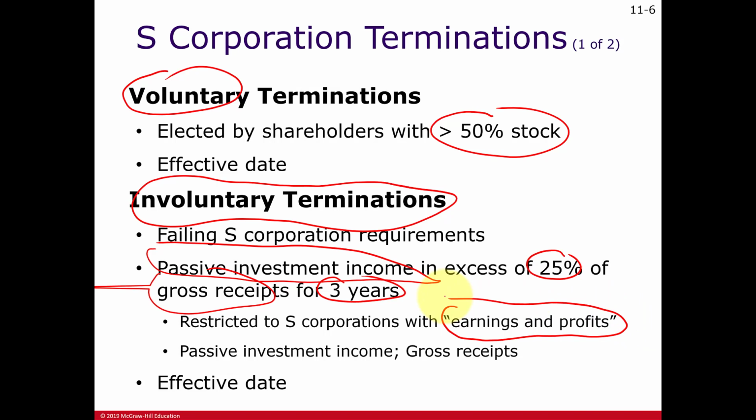There are a lot of different requirements for this termination, and it's effective from whenever the termination requirements are met. From that point forward, the corporation is going to be a C-type corporation, and again, maybe subject to double taxation.